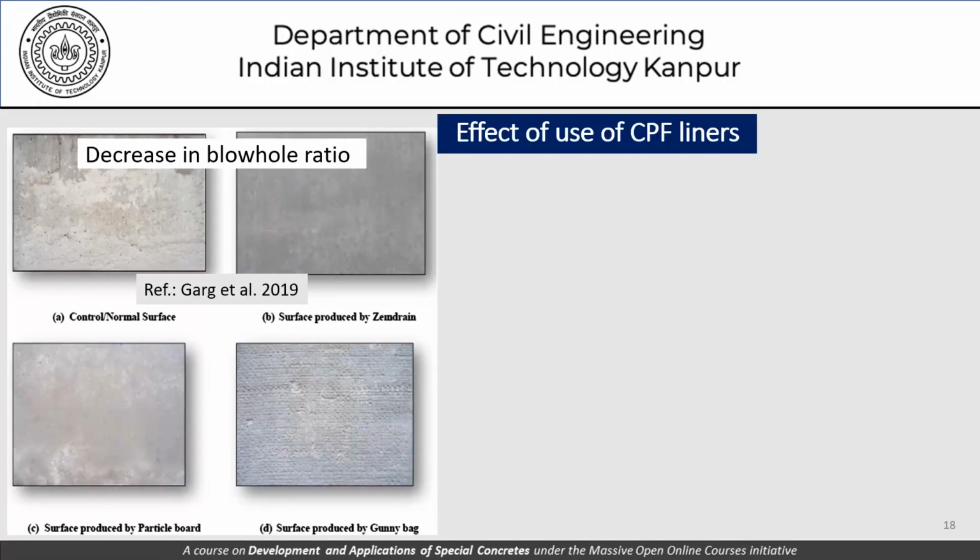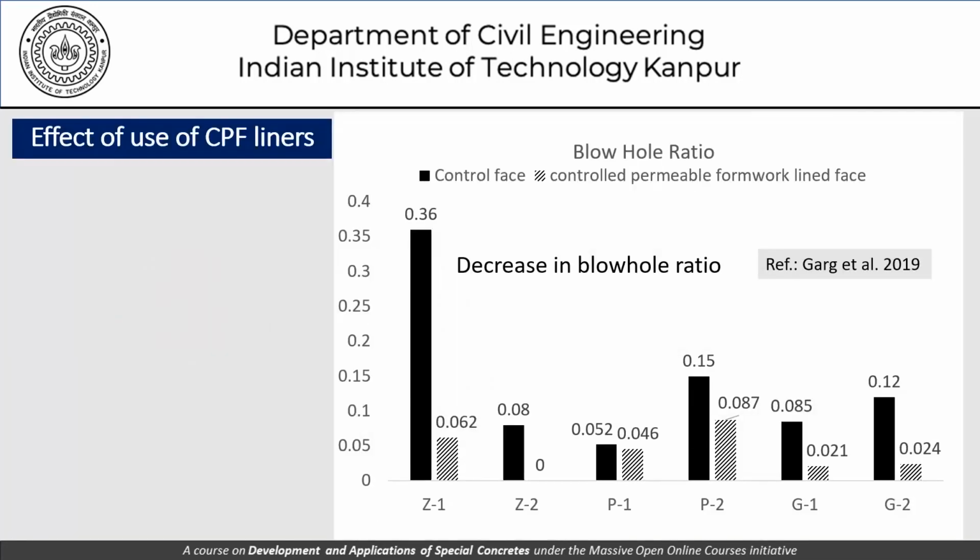Yet another test which was carried out, of course it was not in the same league as the chloride penetration test or the rapid chloride permeability test or the pull-off test, was to see how the surface looked. Now that was examined using the blowhole ratio, and we can see that as against this, which is the surface for normal concretes, these surfaces had much fewer blowholes.